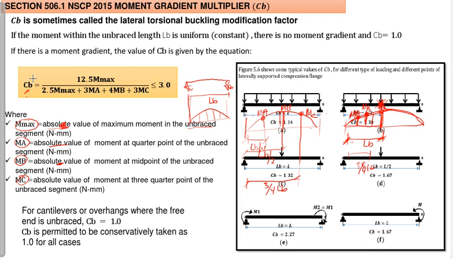Okay? So, ganyan yung pagkuha ng MA, MB, and MC. We also have here an exemption for cantilever or overhang. Where our free end is unbraced, yung CB natin is always equal to 1.0. Pag cantilever or overhang yung ating beam. Okay?